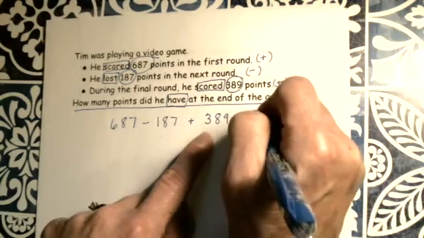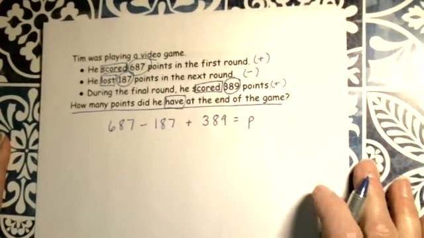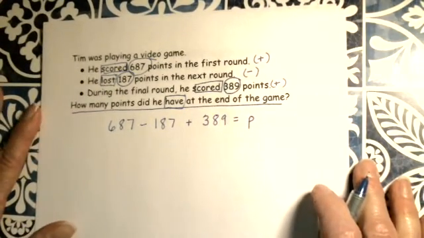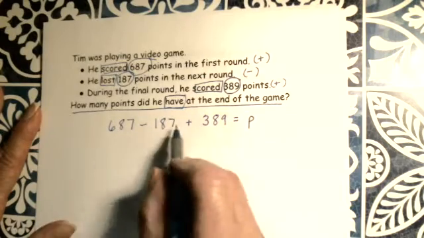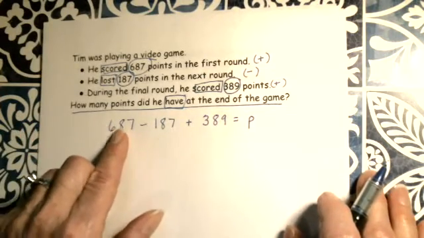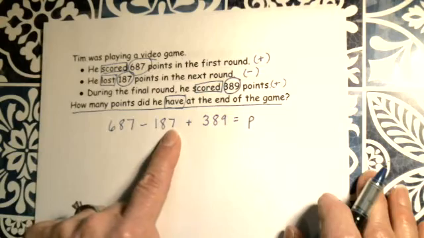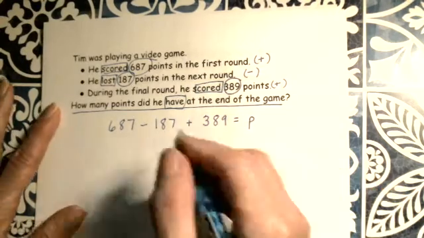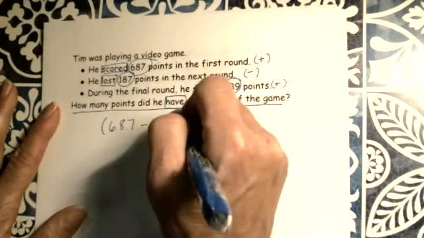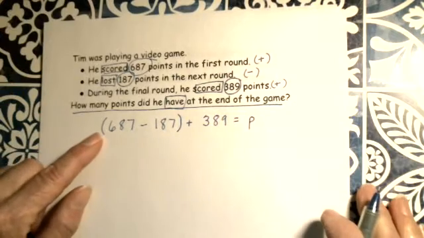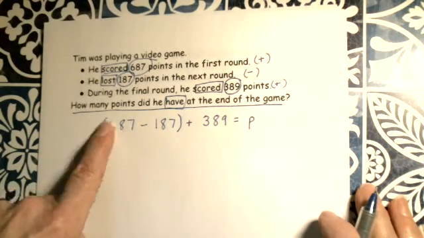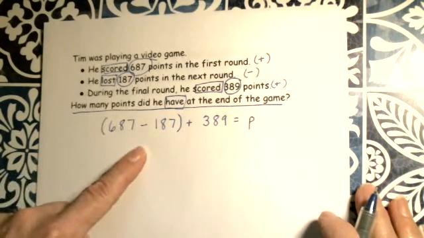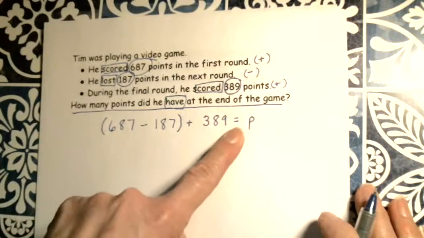We'll put a P to stand for points. So we can break this up into steps and do the 687 minus 187 first. And since I'm going to do that first, I'm just going to put these parentheses to show that I'm going to do that first. And then when we find this answer, we'll add 389 to it.